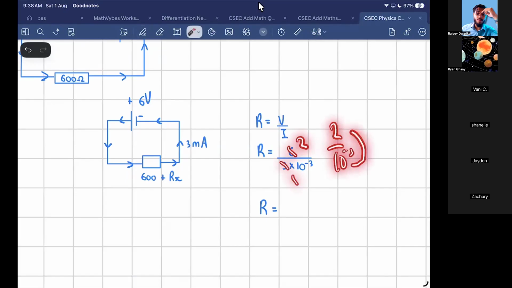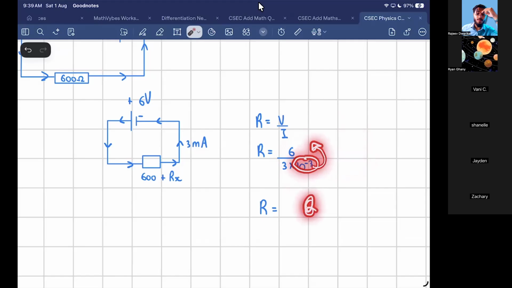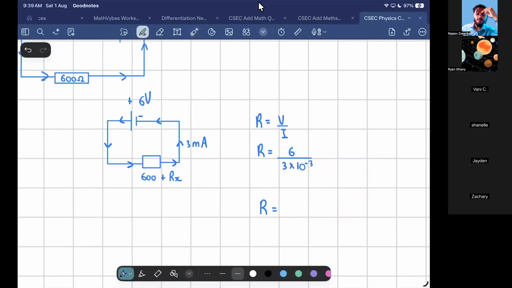If you take a negative power and you bring it up to the top, it becomes a positive power. So that becomes 2 by 10 to the power 3, which is 2000. That's how I do it fast. So the total resistance is supposed to be 2000 ohms.